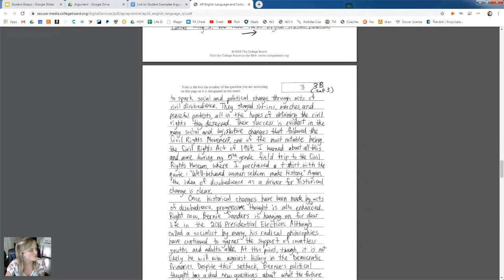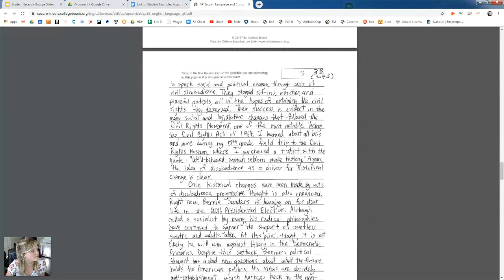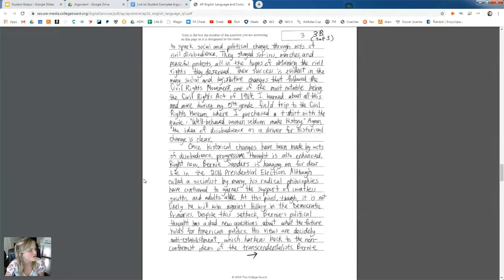One historical change have been made by acts of disobedience, progressive thought is also enhanced. Right now, Bernie Sanders is hanging on for dear life in the 2016 presidential election. Although called a socialist by many, his radical philosophies had continued to garner the support of countless youth and adults alike. At this point, though, it is not likely he will win against Hillary in the Democratic primaries.